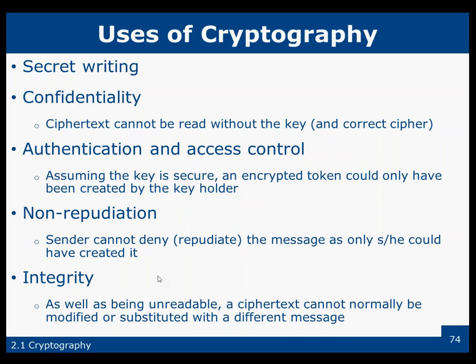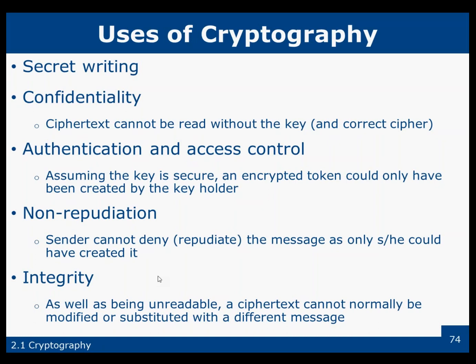So this says, assuming the key is secure, an encrypted token could only have been created by the key holder. And that's what we're going to presume. And in all of this, if you lose your token or your key fob, or you give away something, or later on if your private key gets compromised, then all bets are off.